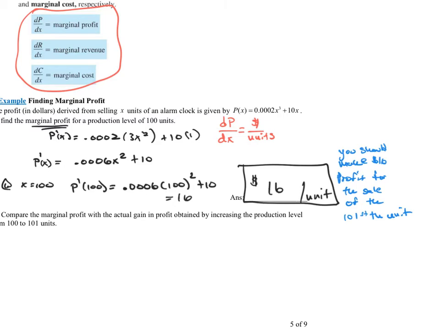That's what that's saying. That's not your total profit. That's just the profit for that one item.